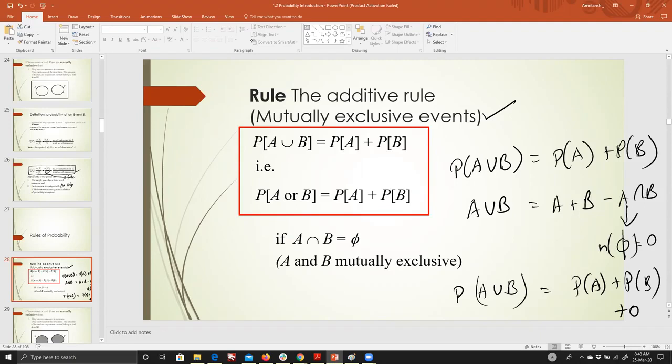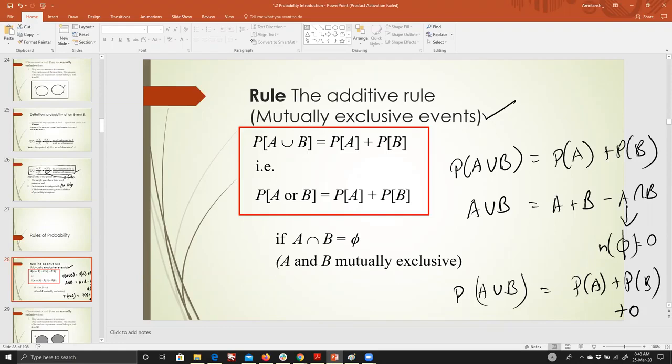Is it clear? If any doubt, you can ask me right now. Then A union B and A intersection B are also the same only. Sorry, I did not get it. You are saying both are the same. Might be. How?